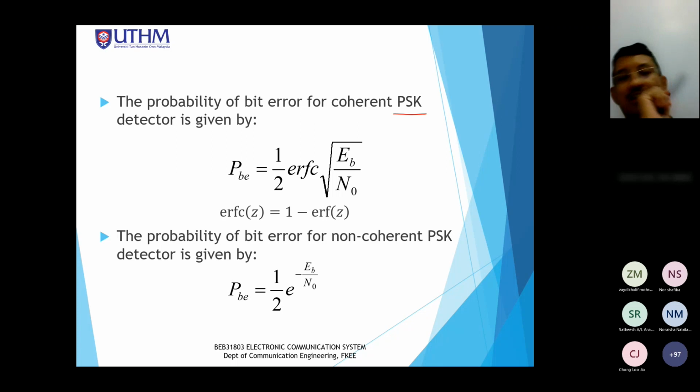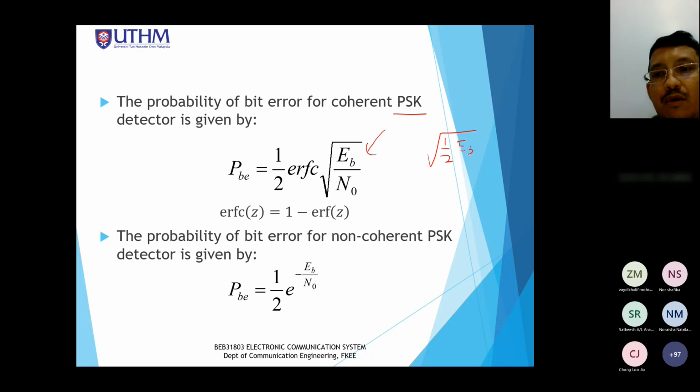So what's the difference? You see that the difference is over here. Previously it was 1/2 Eb over N0. So now it is only Eb over N0. So there's no 1/2 over here.